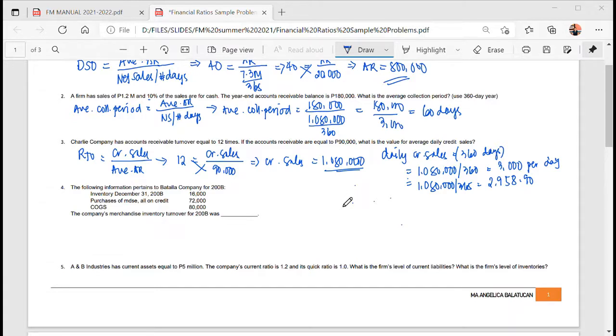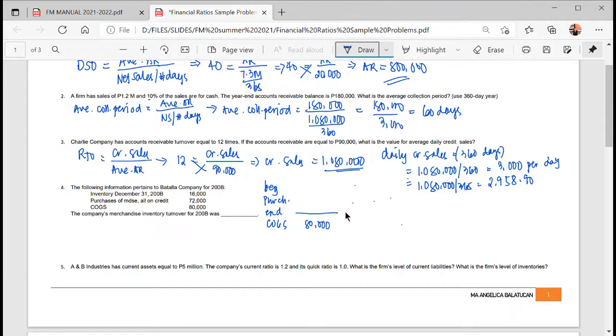What is the formula? Anyone? So beginning plus purchases minus ending balance. This is the very simple computation if there are no returns. So therefore, you have your 80,000 cost of goods sold.